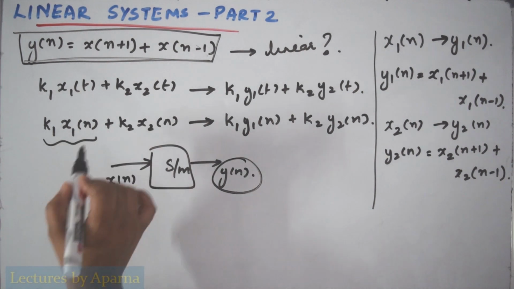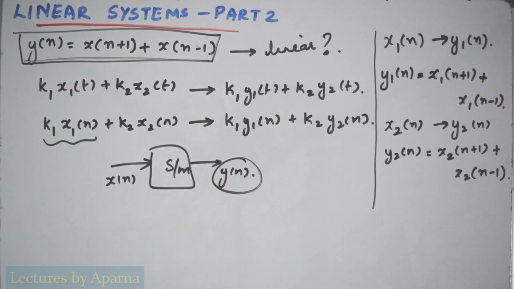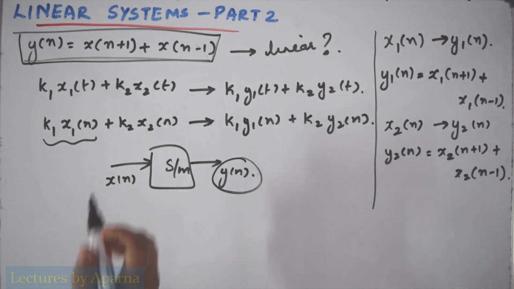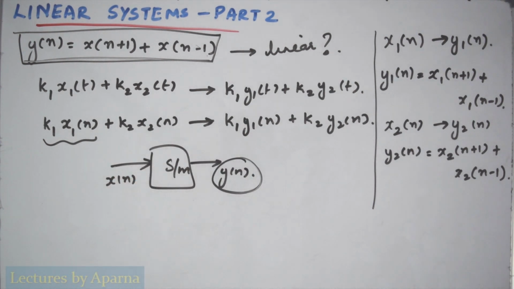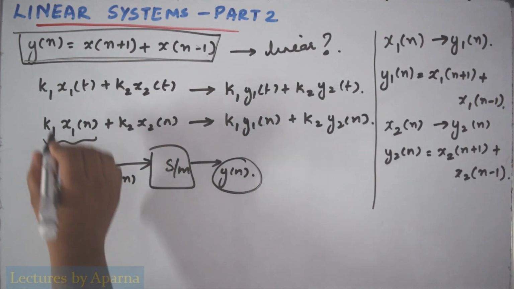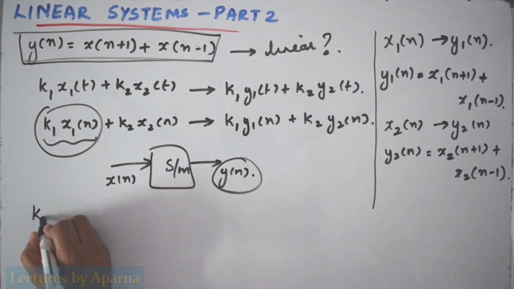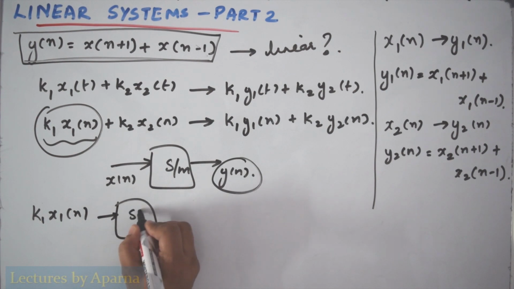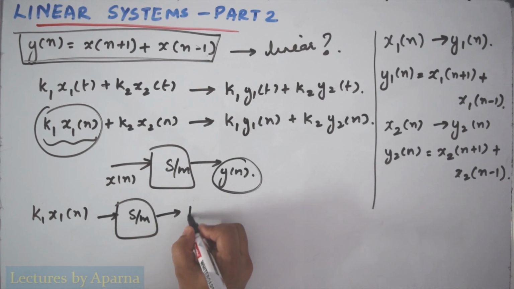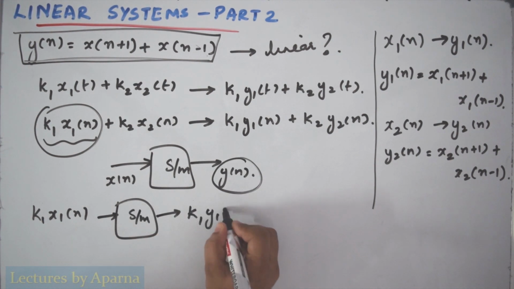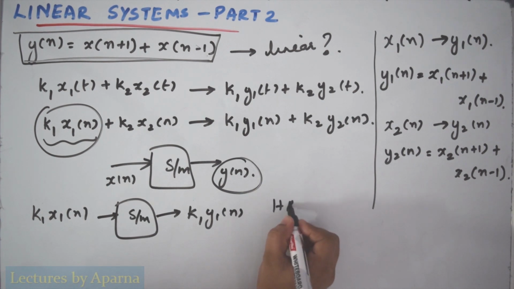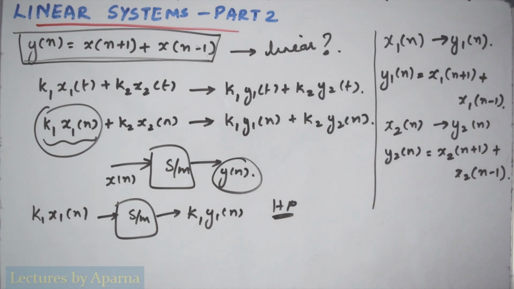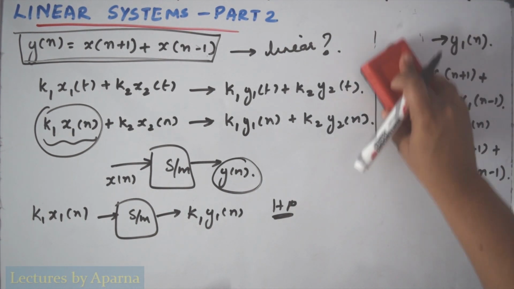Now we have to find k1 x1 of n plus k2 x2 of n. So what will happen if I give k1 x1 of n to the system? If I obtain the output as k1 y1 of n, then the homogeneity property will be satisfied. So let's see if the output is in the form k1 y1 of n.